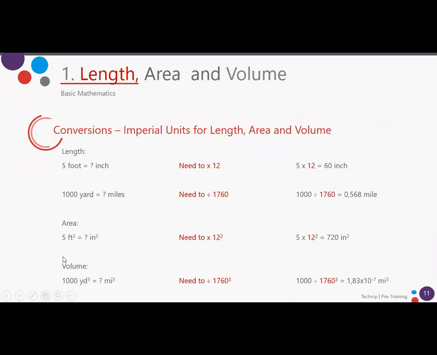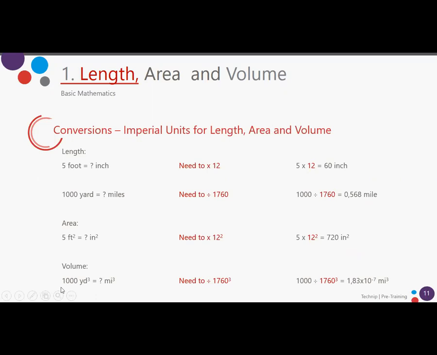Area. Remember that when we convert area, we always have to square our conversion factor. So 5 square feet, how many square inches? We multiply by 12 squared, so at the end we have 720 square inches. So 5 square feet are 720 square inches. Volume. There we have to cube our conversion factor.